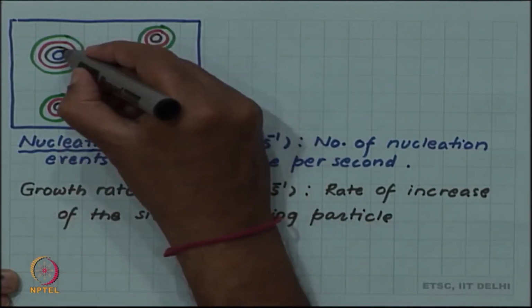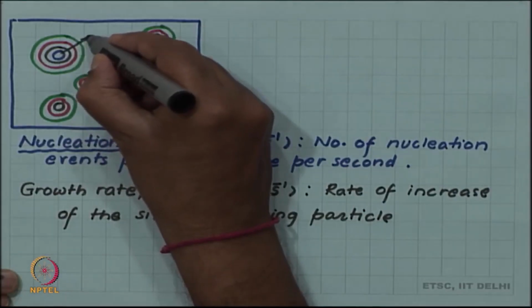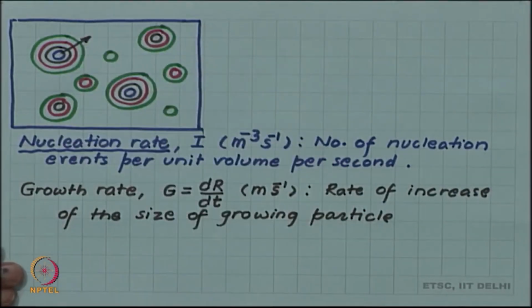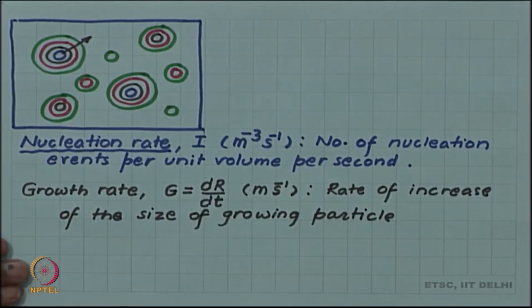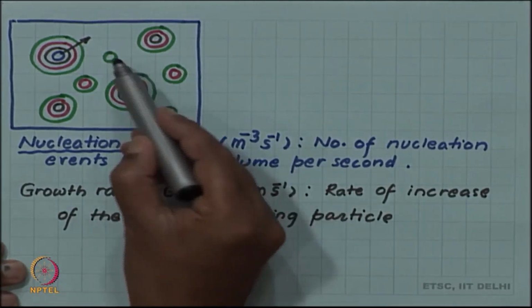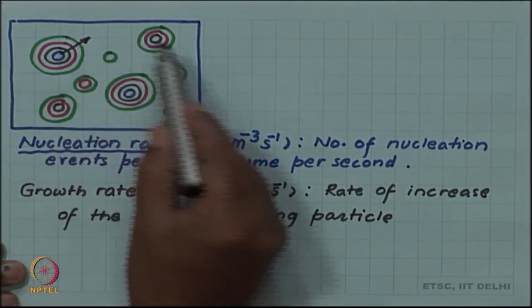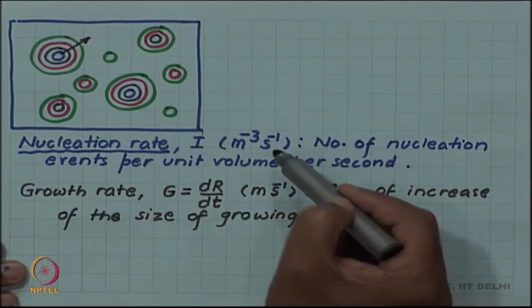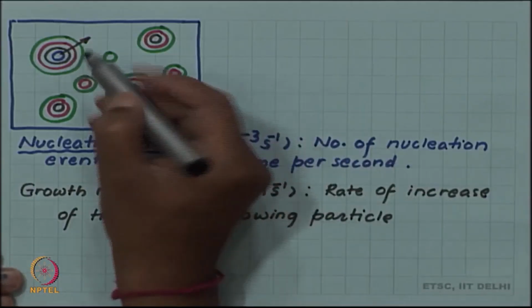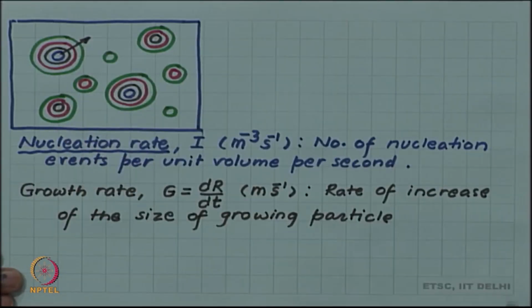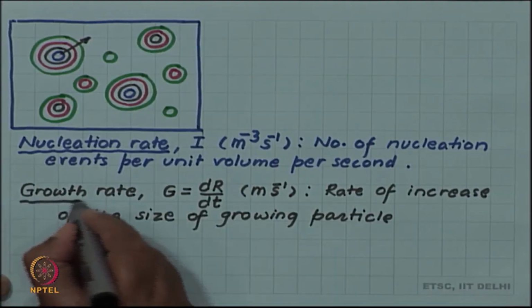So, that is at what rate this interface is moving. So, that will be the growth rate. The nucleation rate will be at what rate new particles are forming per unit volume per second. The growth rate is a given particle at what rate it is increasing its size. So, that is growth rate.